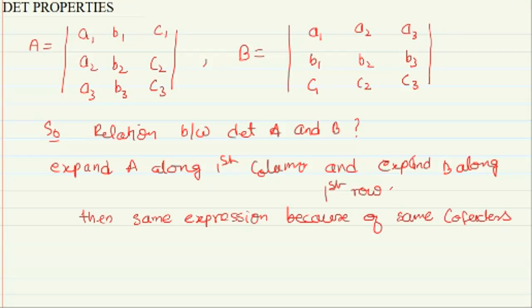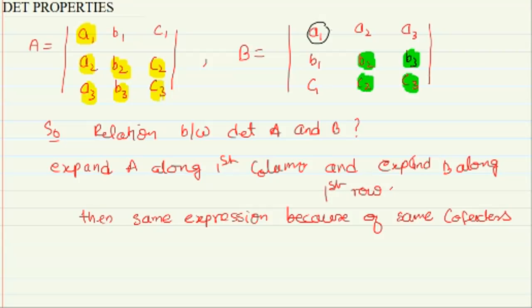If you consider A, the cofactors will be B2, C2, B3, C3, right? And for this A1 you will also get the same, B2 C3 and B3 C2, right?